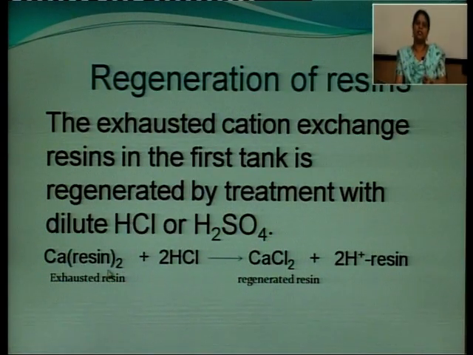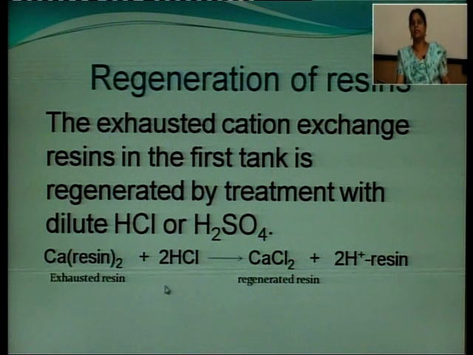For regeneration of the exhausted resin, we employ different methods for cation exchange resin as well as anion exchange resin. For regenerating cation exchange resin, we treat it with dilute hydrochloric acid or sulfuric acid. When we treat it with dilute acid, we get regenerated resin.